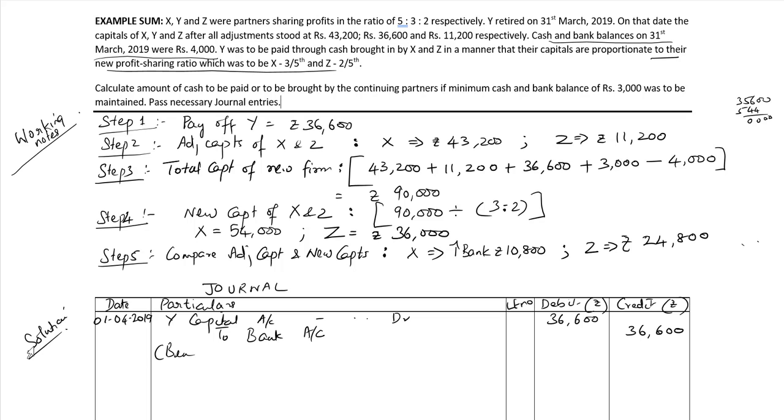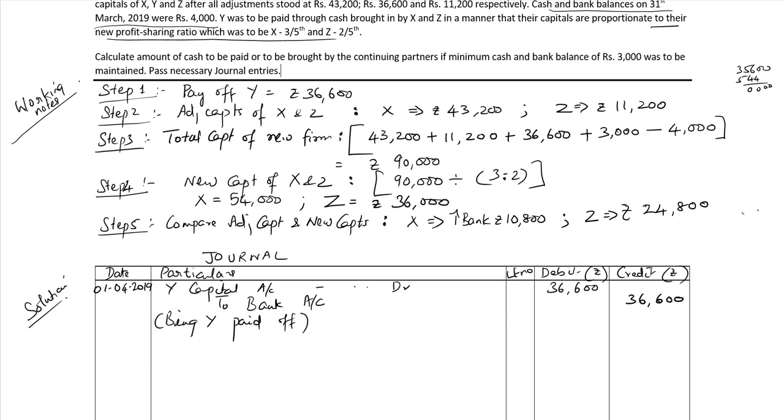Being partner Y paid off. Second journal entry, same date. We'll pass a combined entry for X bringing in rupees 10,800 and Z bringing in rupees 24,800.